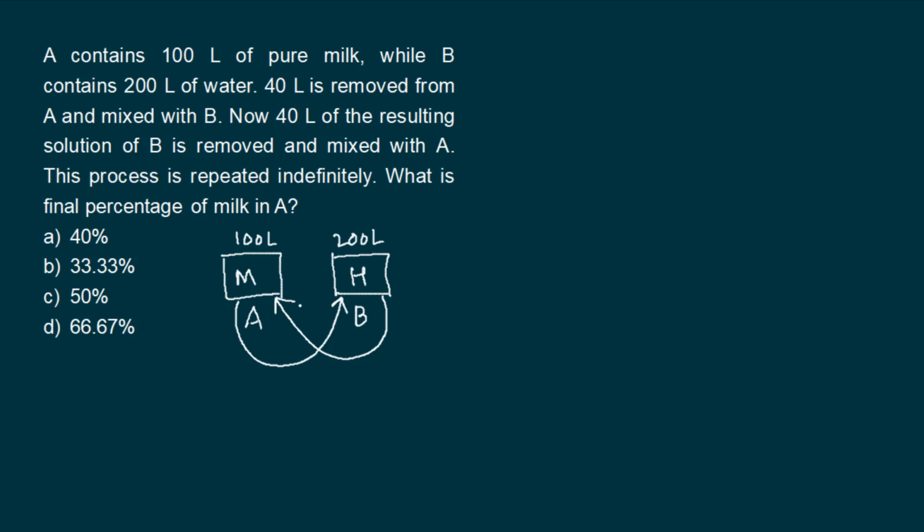What will happen after 10 times or 20 or 100 or infinity or a very large number? What will happen at the end? These kinds of questions, if we try to solve using 40 liters transferred and the ratio and then again try to build up what will be the ratio once 40 liters is again there in can A, will end up in a mess, isn't it?